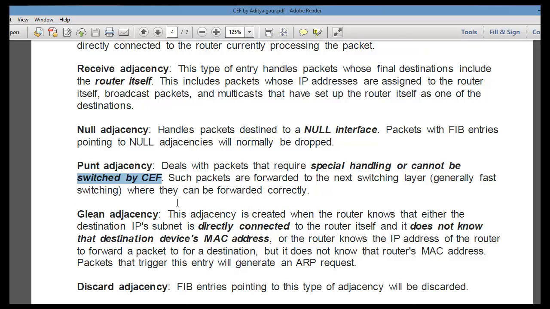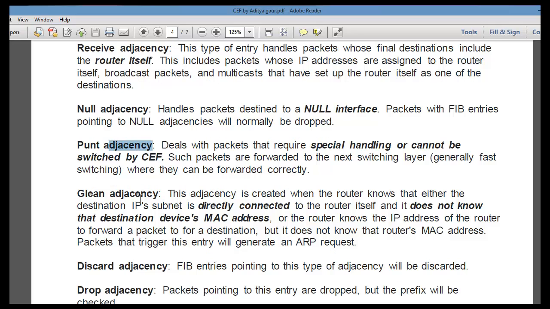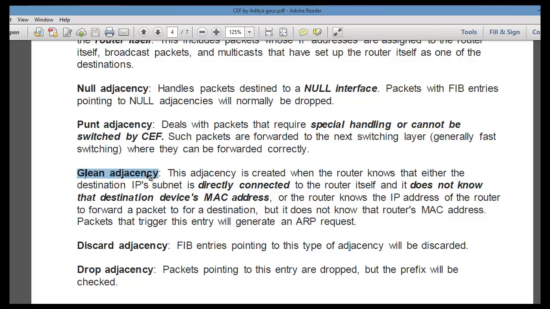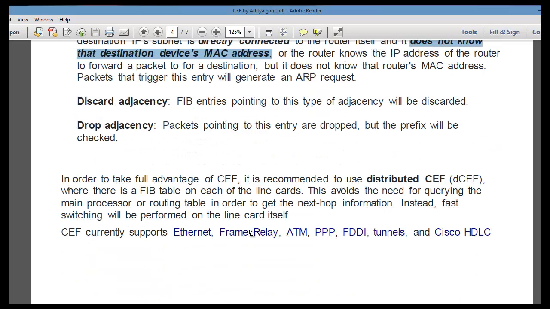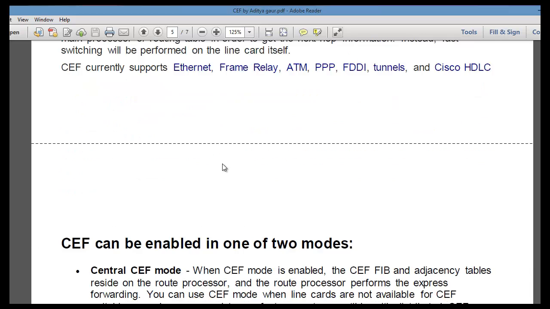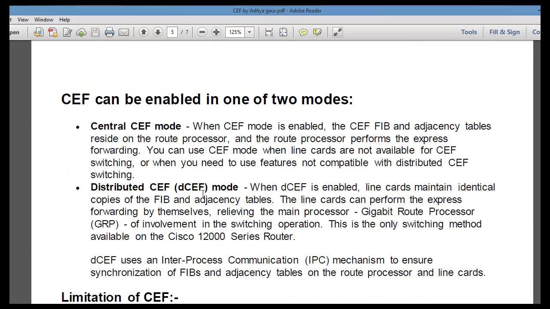Cisco Express Forwarding may not work with such kinds of packets, which creates a punt adjacency. Glean adjacency is for directly connected destinations that do not have the destination MAC address. All those things I have described in this PDF.